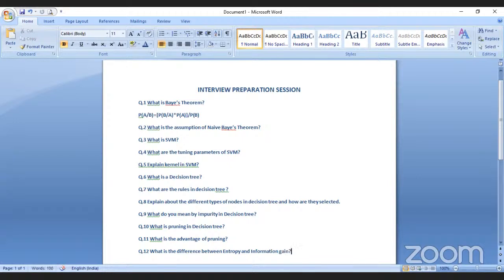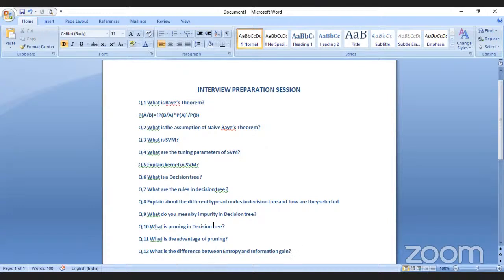Entropy is a probabilistic measure of uncertainty or impurity, which we have already discussed, whereas information gain is the reduction of this uncertainty measure.